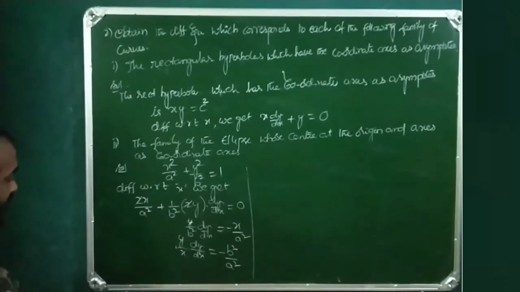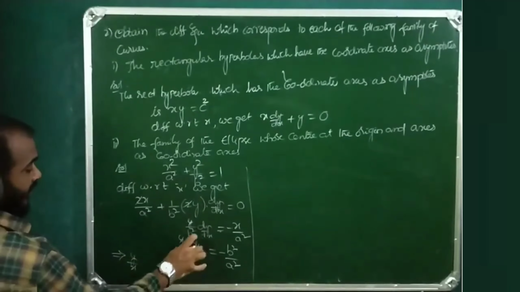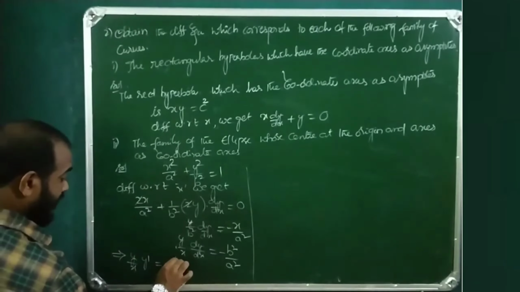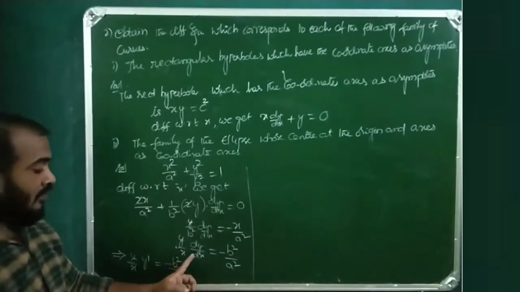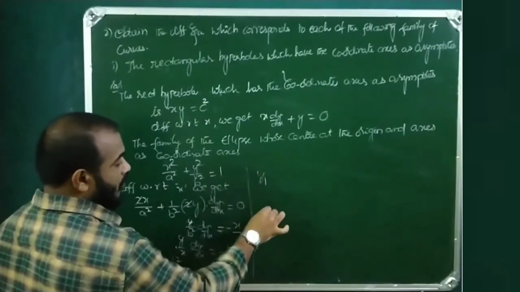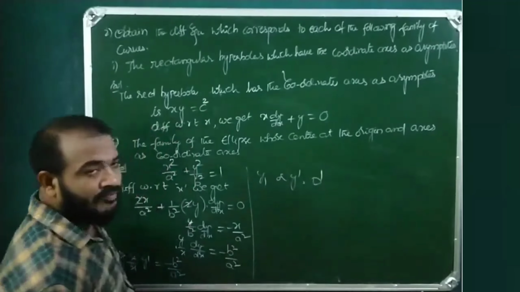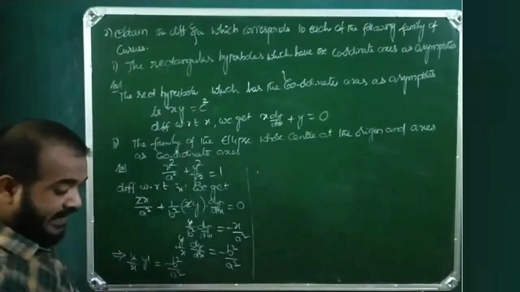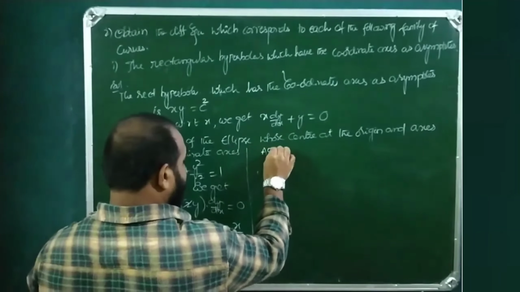For the sake of convenience, the first order derivative dy by dx can be written as y1 or y dash, so I'll take it as y dash here. That's it. Again differentiating.